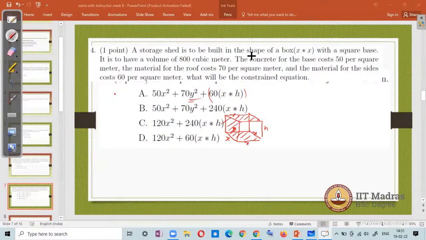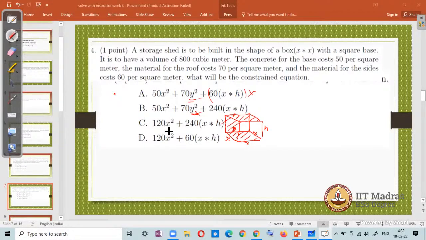That's why option A is completely wrong. And for option B, y is never mentioned anywhere in the question, so you are explicitly introducing a new variable which is not mentioned in the question. Not the right way.